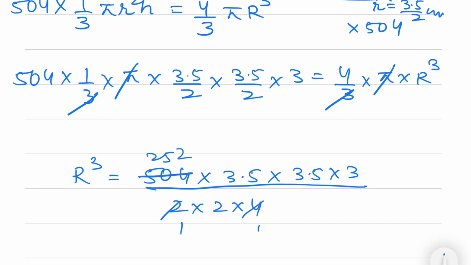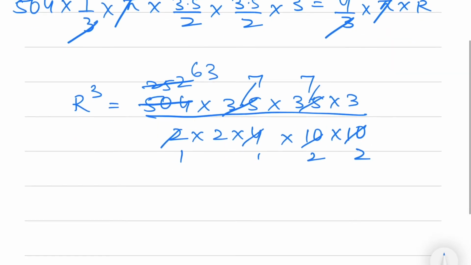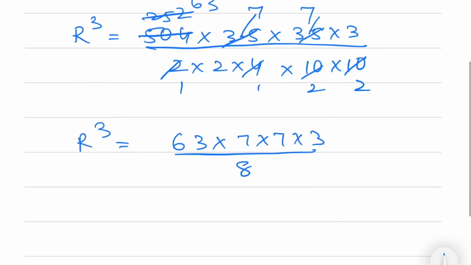If we remove these two decimal points, I'll have 10 and 10 here. So 7 and 7, this is 2 and 2. So we have R cube as 63 into 7 into 7 into 3, and here we have 8.